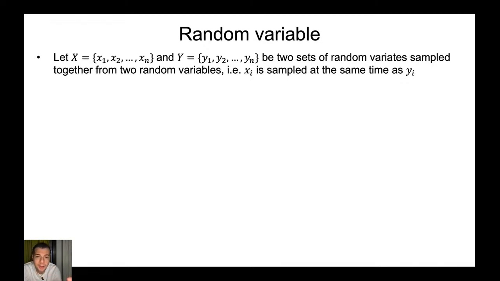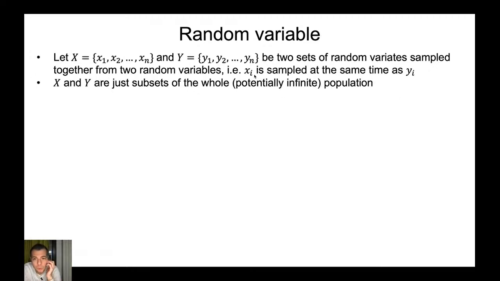Each event is sampling each random variable, so extracting a random variate from each random variable. It means that we have pairs, or actually tuples, of random variates that are sampled all at the same time. Here we have two sets of random variates, and if these are sampled at the same time, then xi corresponds to yi.